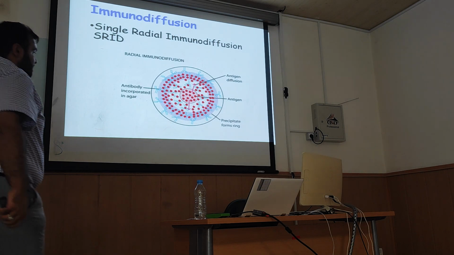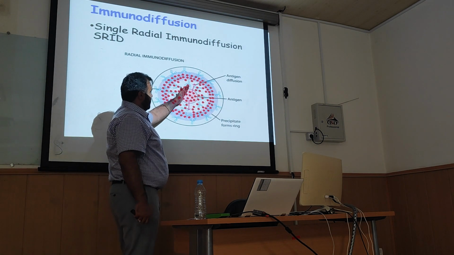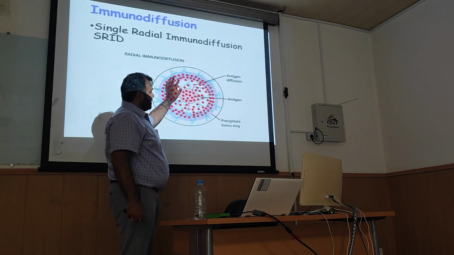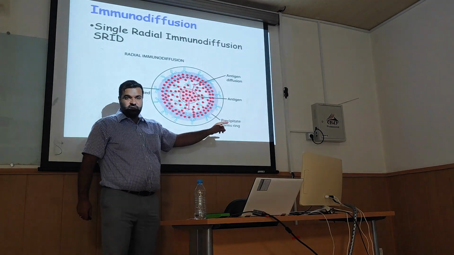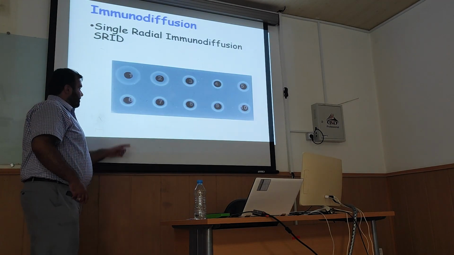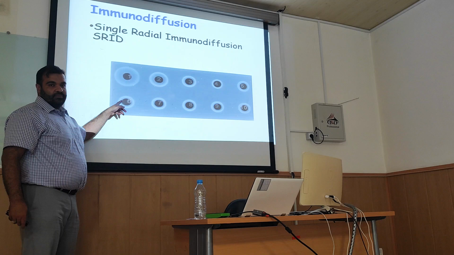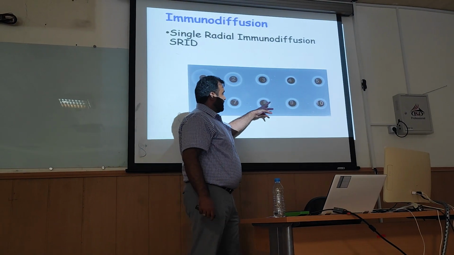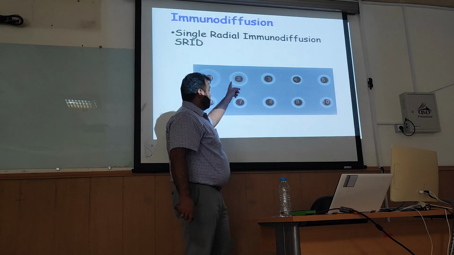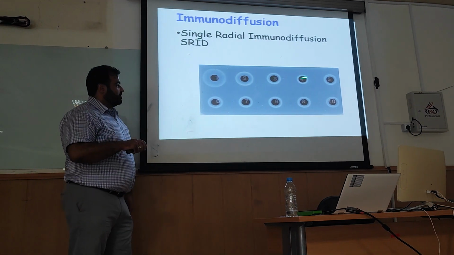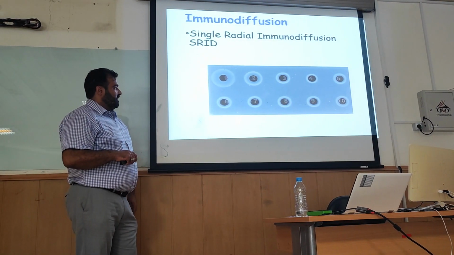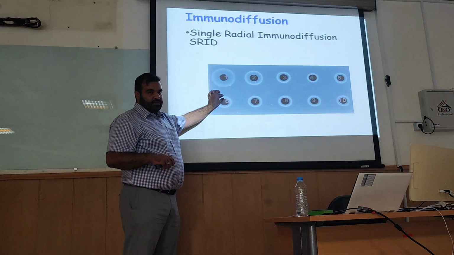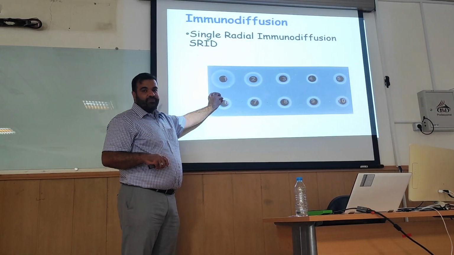The antigen from the blood starts migrating out, and if it actually forms an immune complex, you'll be able to see it. So this is showing the agar gel, okay? And this shows how much they have traveled from different patients, yeah? 1, 2, 3, 4, 5, 6, 7. And based on the diameter, you can find the concentration.